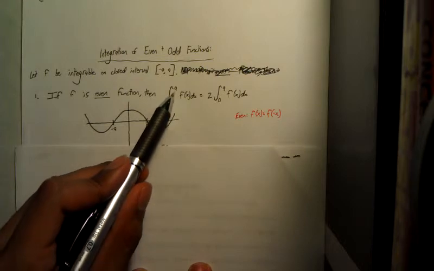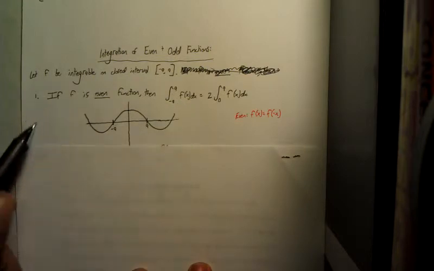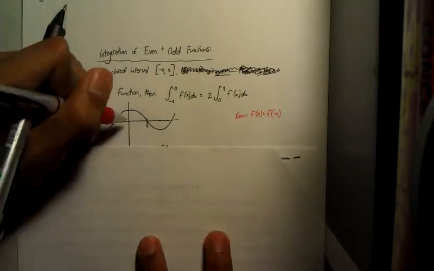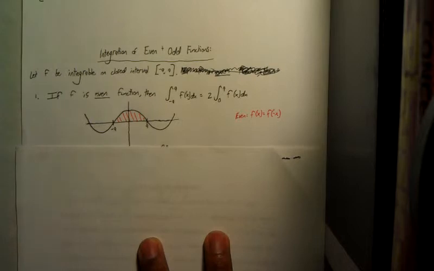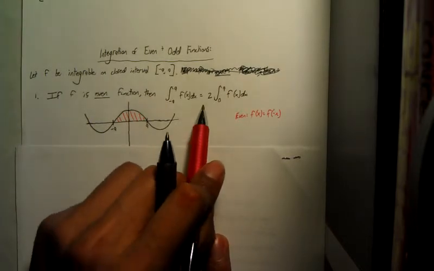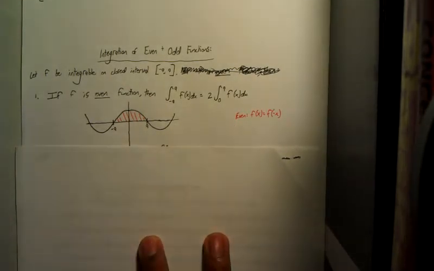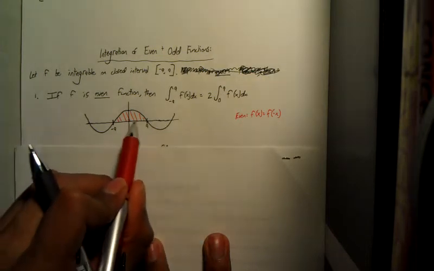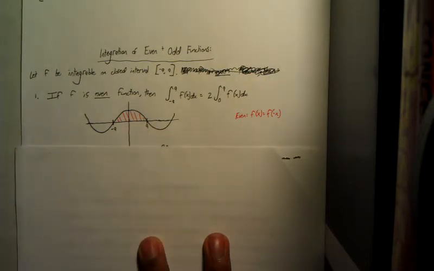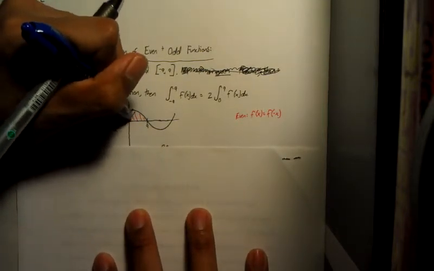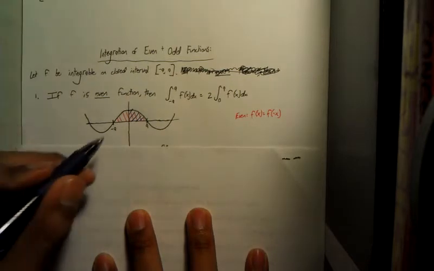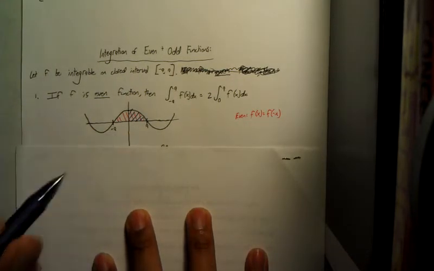Then the integral from -a to a of f of x dx, that means the integral of this area right here is going to be equal to 2 times the area from 0 to a. So it's saying that it's equal to 2 times the area of this section right here.